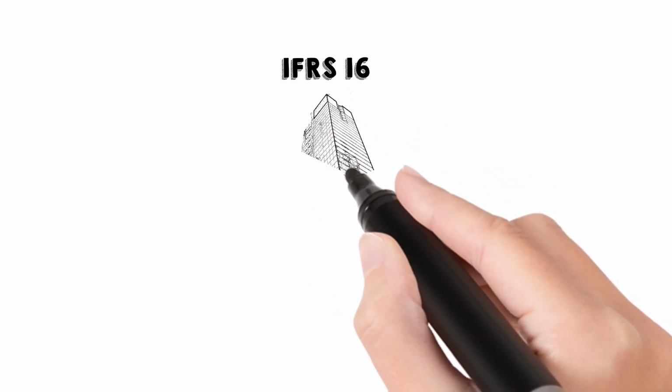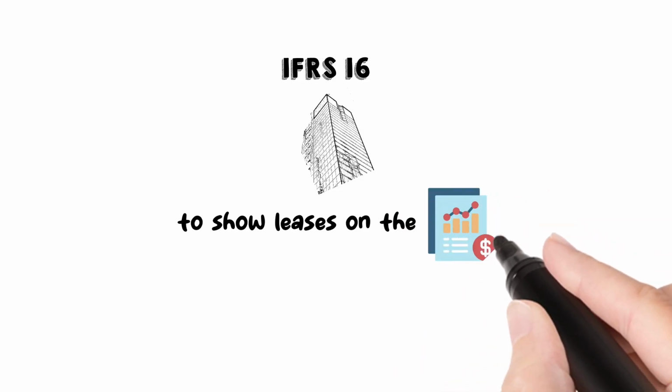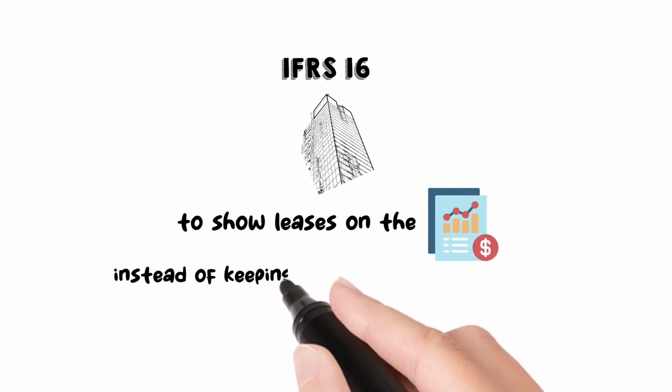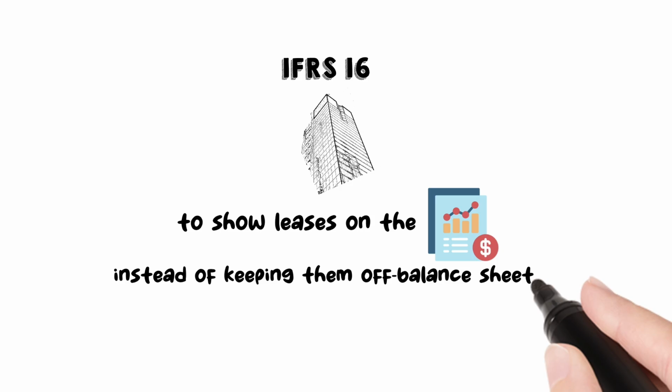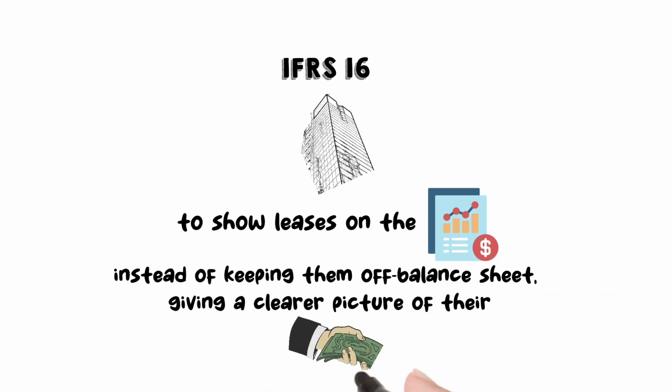IFRS 16 requires companies to show leases on the balance sheet, instead of keeping them off balance sheet, giving a clearer picture of their financial obligations.